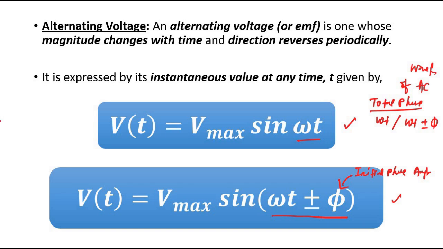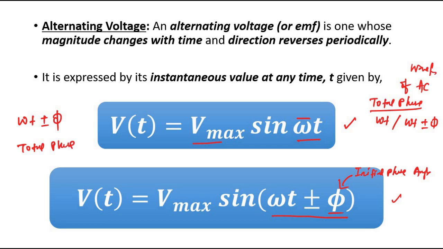So for the complete expression of any AC parameter, we require the amplitude, the angular frequency, and the initial phase angle. Here omega t, in case there is no initial phase angle, or omega t plus minus phi, represents the total phase.